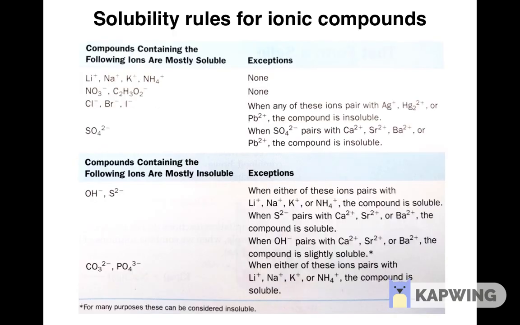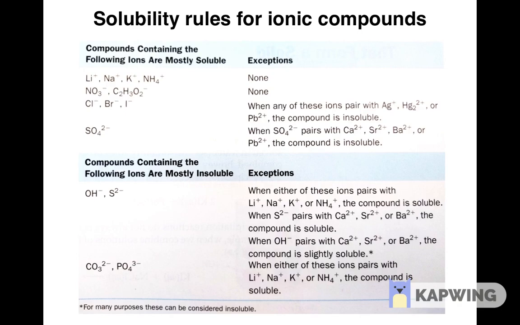Any ionic compound that contains the alkali metal cations Li+, Na+, and K+, or the ammonium polyatomic cation NH4+, is water soluble. So is any ionic compound that contains the nitrate NO3- or acetate C2H3O2- polyatomic anions.